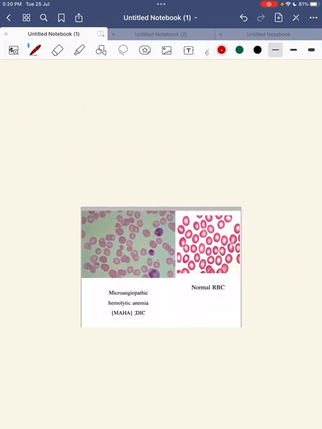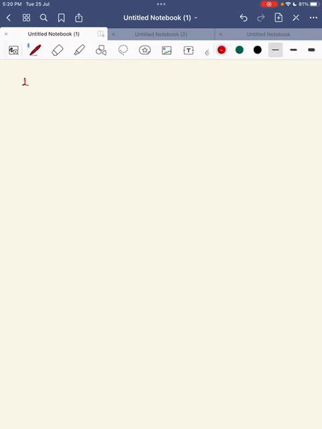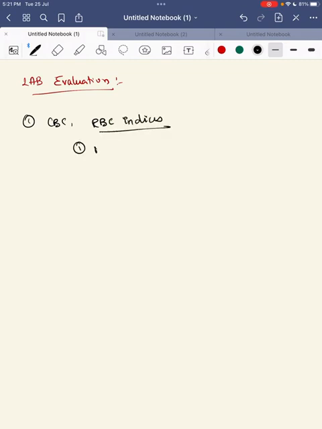Next we will see the lab investigations. So what are the main investigations needed to investigate a child who has anemia? First, you will take CBC and the RBC indices. In RBC indices, first you have to classify whether it is microcytic, normocytic, or macrocytic anemia.